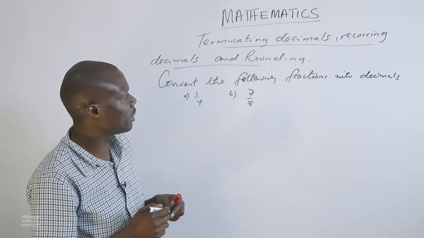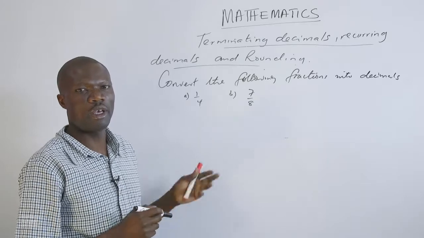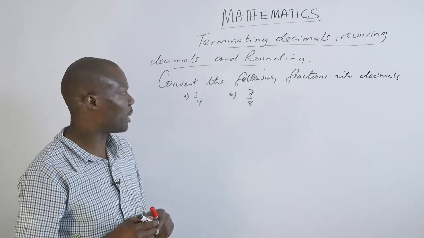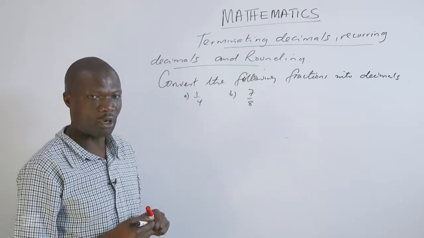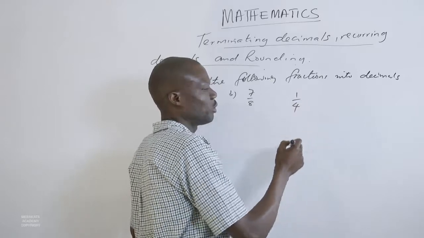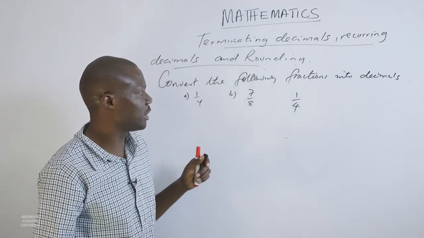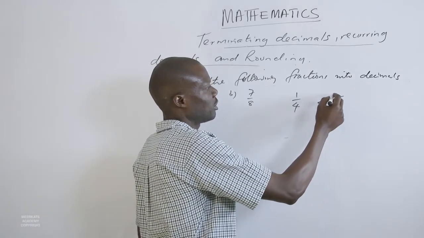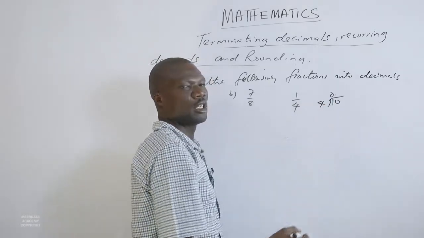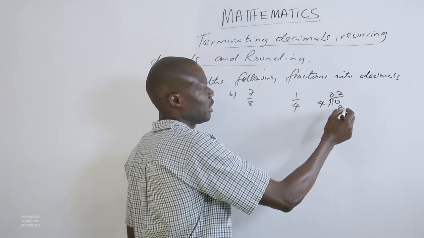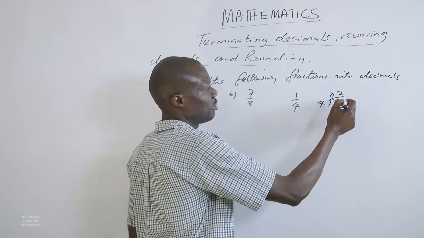Convert the following fractions into decimals: A, a quarter or 1/4, and B, 7/8. I want us to start with the first one, 1/4. This one can be converted straight. We can have it as 1 divided by 4, which is 0 point. We have 10. 10 divided by 4 is 2, giving us 8 with a 2.